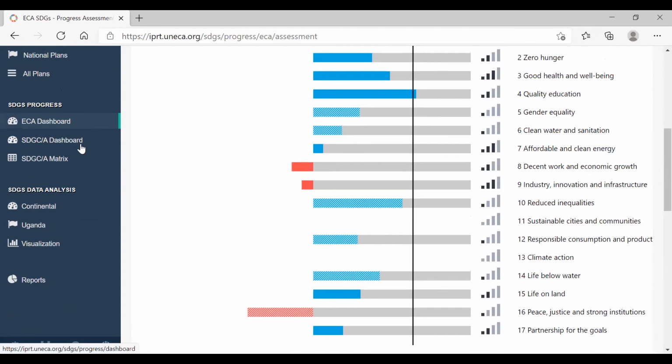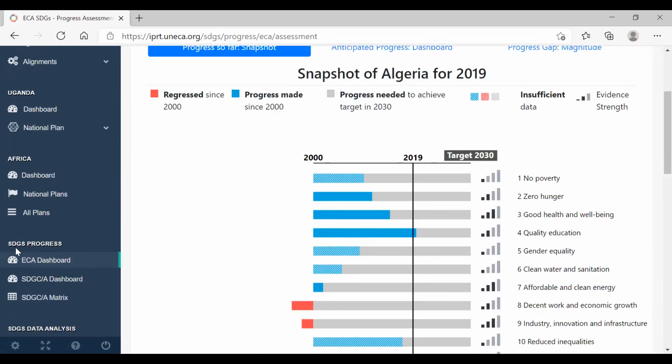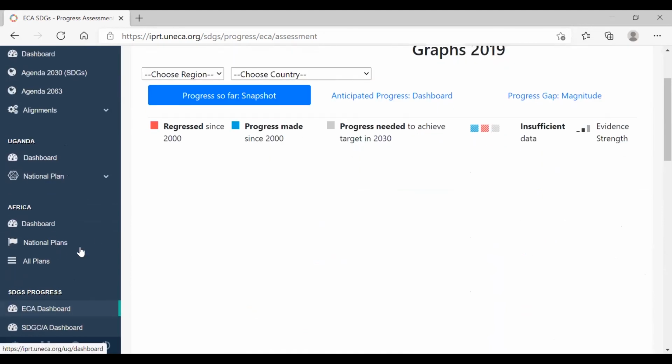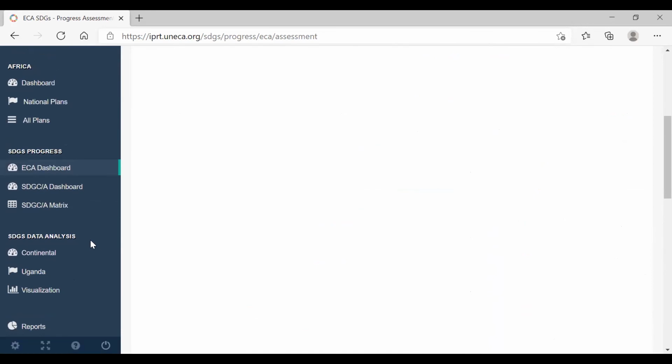You can also generate reports with the SDG dashboard, reports for the alignment of this progress. SDG Data Analysis is another module.